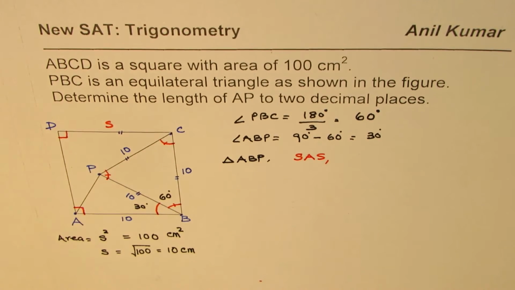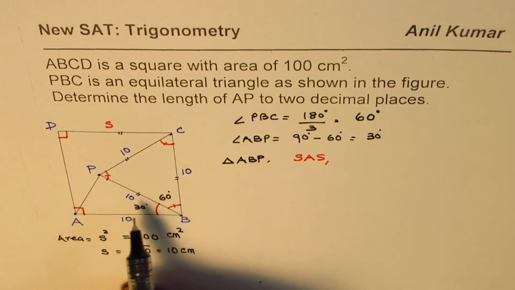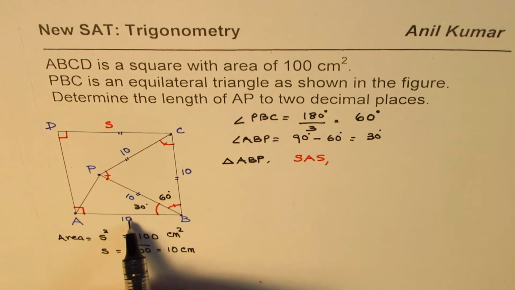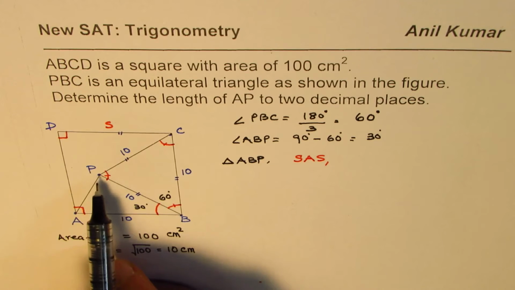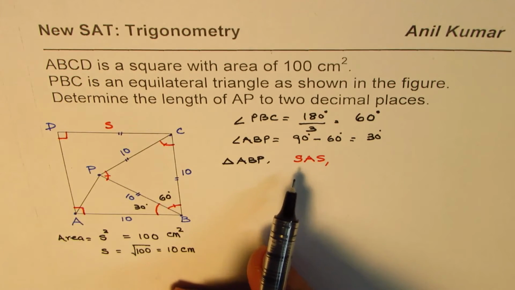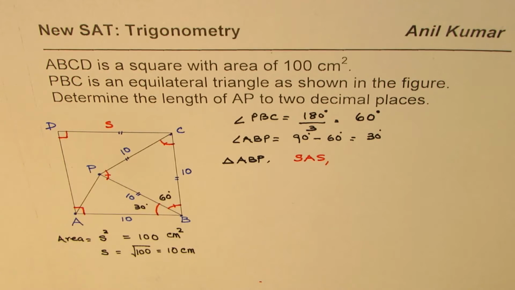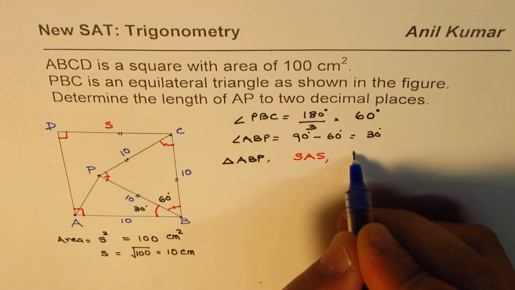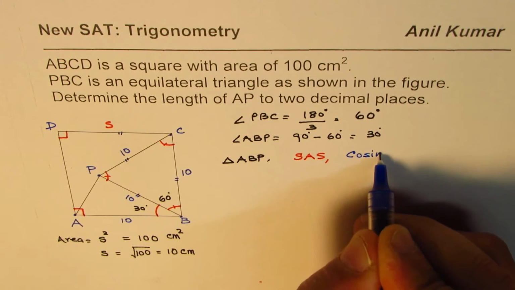So that is the case. These 2 sides are 10 units each with an angle of 30 degrees. Now if you have a triangle with 2 sides and included angle given to you, how are you going to solve it? Well, you could solve it using cosine law, right? So we'll use cosine law to solve.